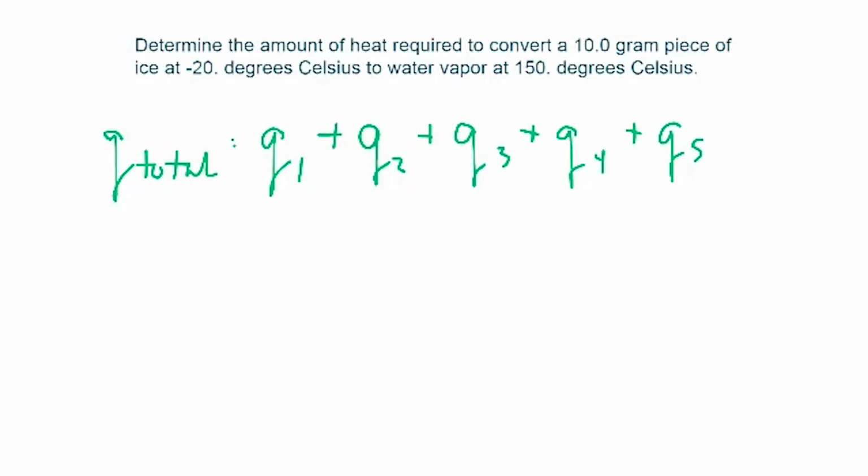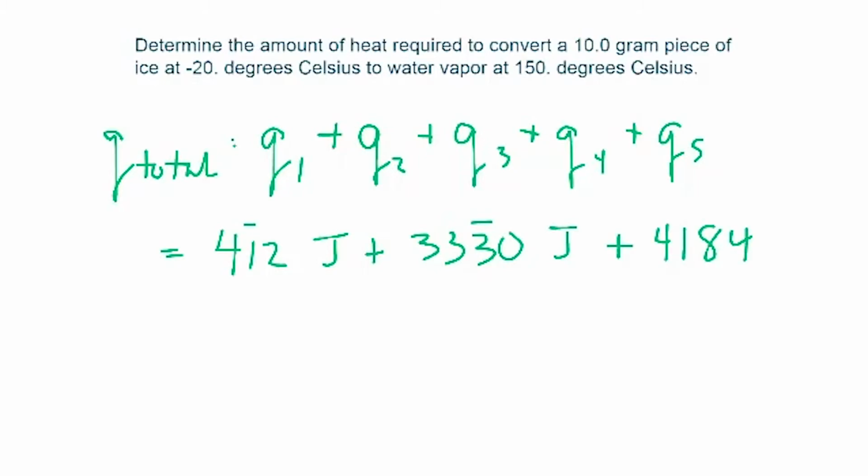And looking back on previous pages, we see that these values are 412 joules plus 3,330 joules plus 4,184 joules, 22,563 joules, and finally 998 joules.